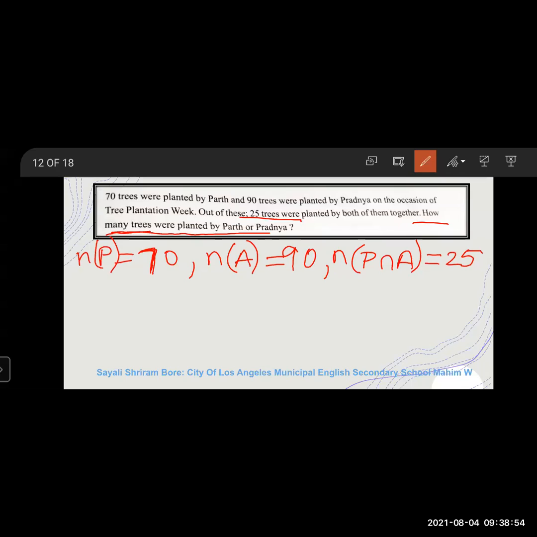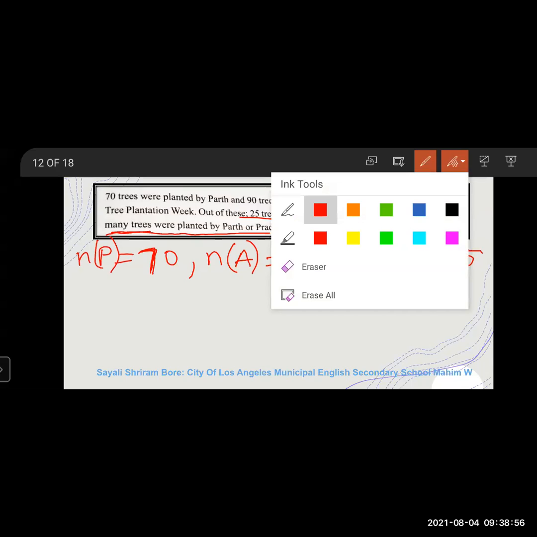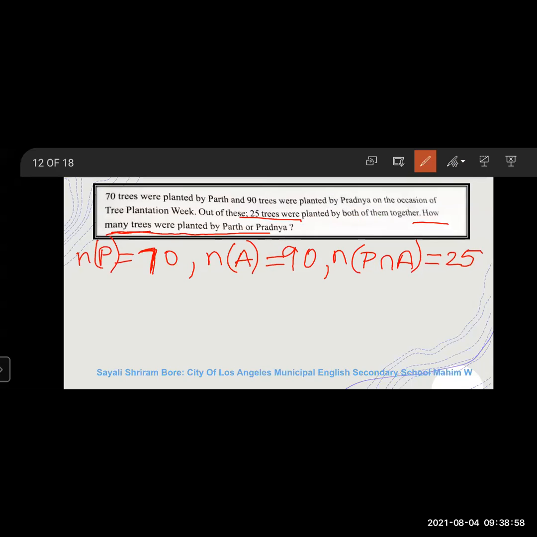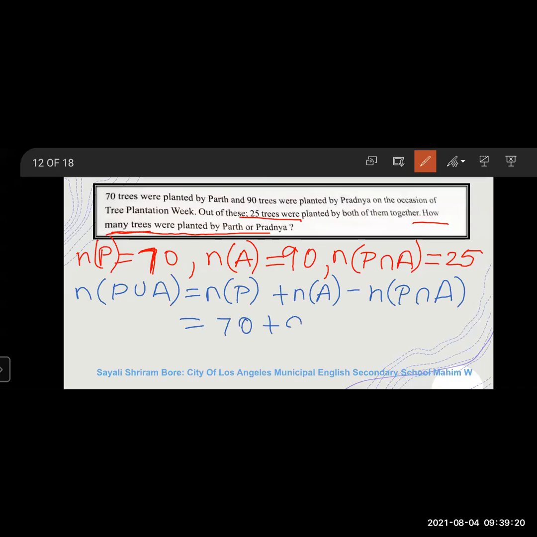So write the formula. n of P union A is equal to n of P plus n of A minus n of P intersection A. P is how much? 70 plus 90 minus 25.